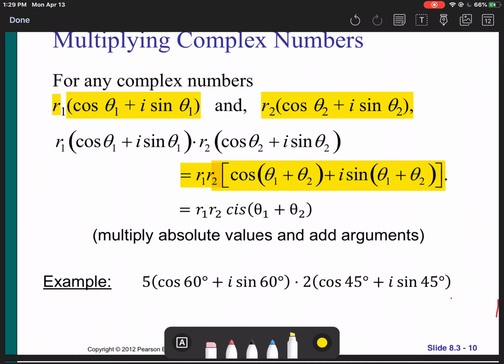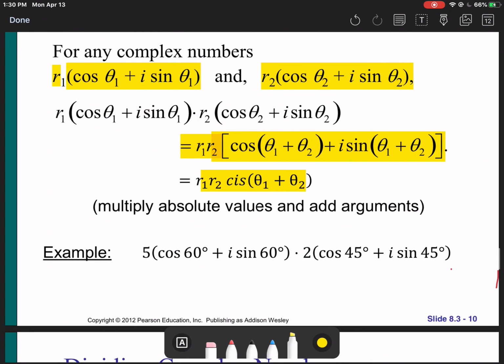So I've got the product of r1 and r2, cis, the sum of the arguments, theta 1 plus theta 2. Multiply absolute values, add the arguments. It's that straightforward. For example, 5 cosine 60 plus i sine 60 degrees times 2 cosine 45 plus i sine 45 would simply be equal to the product of the r values, 5 times 2.